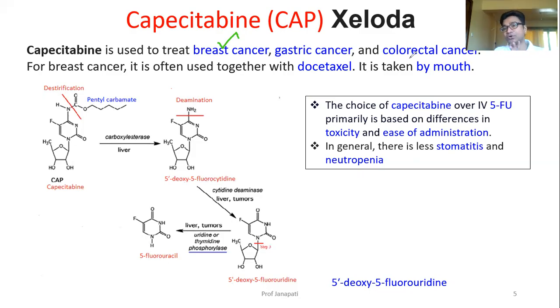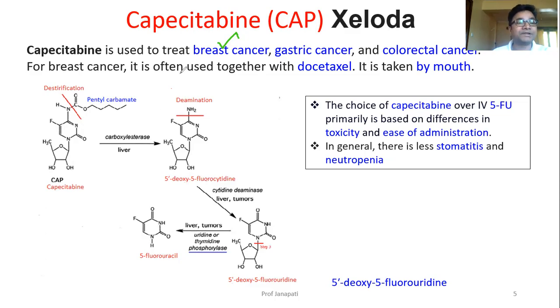The drug is a prodrug of 5-fluorouracil. The side effects we see with 5-fluorouracil are less with capecitabine. The trade name for this is Xeloda. One more advantage is that it is given in the form of tablet.